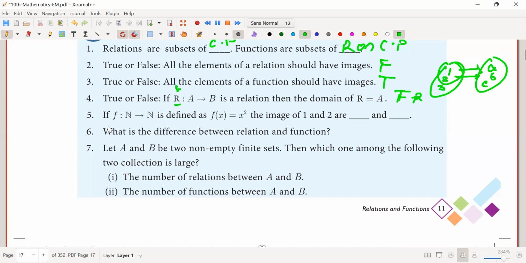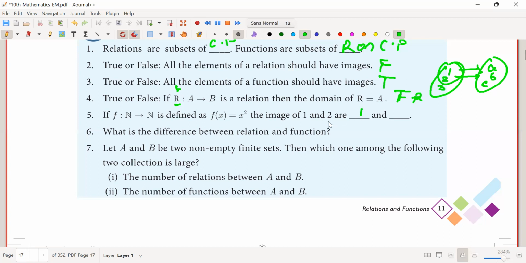If f from N to N is defined by f of x equal to x squared, the image of 1 and 2 are: N to N, natural number to natural number. So all natural numbers, no problem, related by x squared. Image of 1 is 1 squared, which is 1.